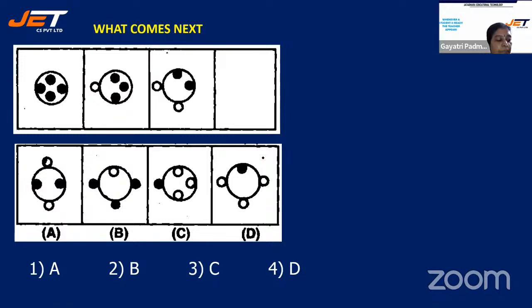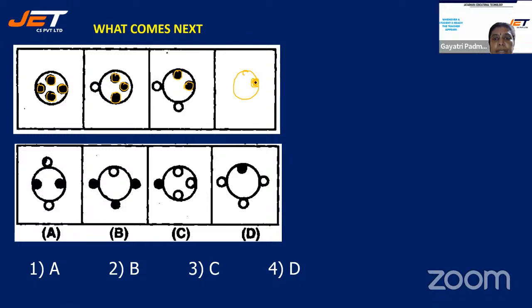Right. So here you have the shaded circles 1, 2, 3, 4. Right. So next the shaded circles is reduced to 3 and it is reduced by 1. So next is 2 inside. The next should be only 1.